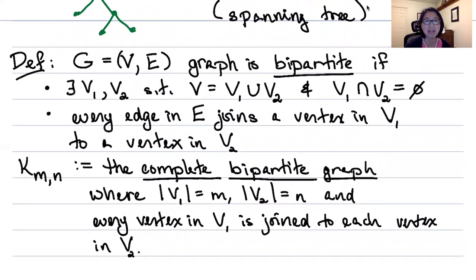And then every edge in E joins a vertex in V1 to a vertex in V2. There's a special kind of bipartite graph called the complete bipartite graph, K_{M,N}, where the size of the first set V1 is M, the size of the second set V2 is N, and every vertex in V1 is joined to each vertex in V2.